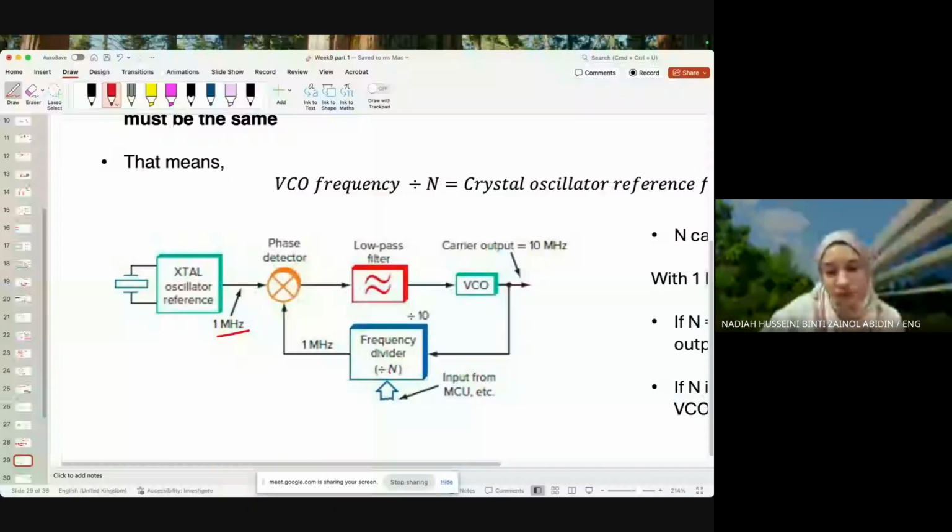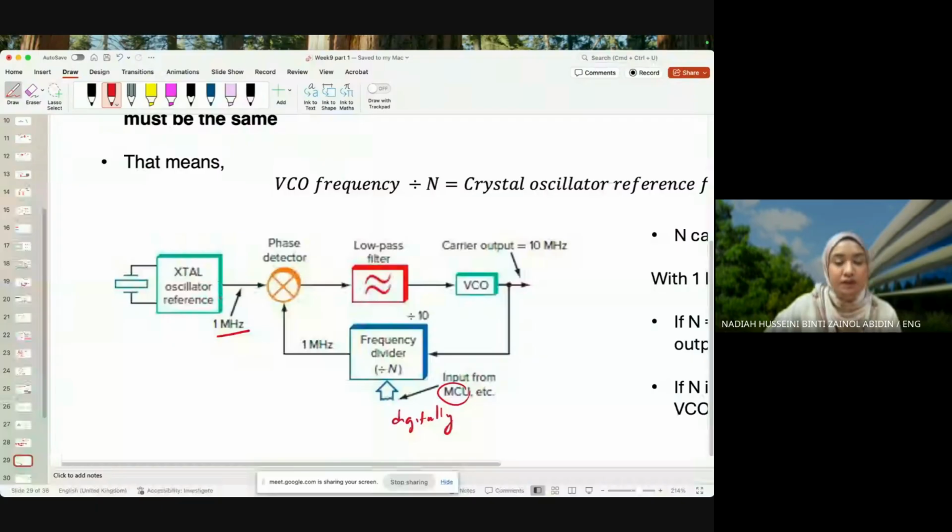The frequency divider is set to a value of n, and it is controlled digitally. Input from MCU, just ignore it; it's just controlled digitally. After it has been divided, it should match the frequency reference, the crystal oscillator reference.